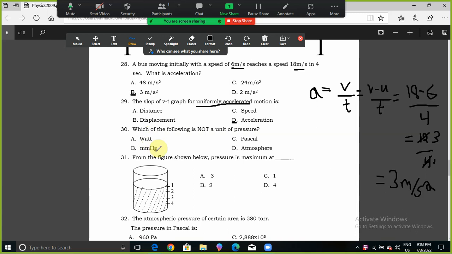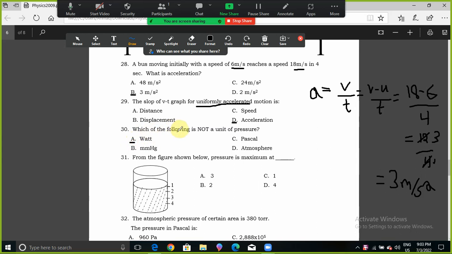And millimeter of mercury is also a non-SI unit of pressure, because 1 Pascal is equal to 76 millimeter of mercury. Now, what is the SI unit of power? So A is not the correct answer.